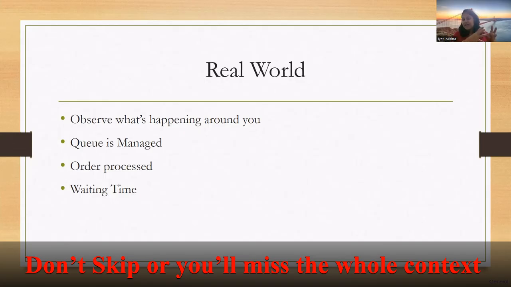There is some waiting time, so how is that waiting time being considered? How are the workers and chefs collaborating? How are we checking whether there is enough seating available? Just observe these things and think, if you had to build the same thing in the form of software, what are the key things you would have to take care of?